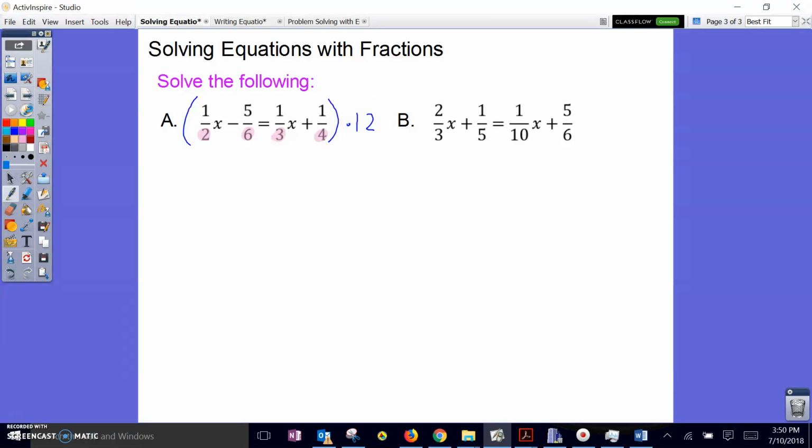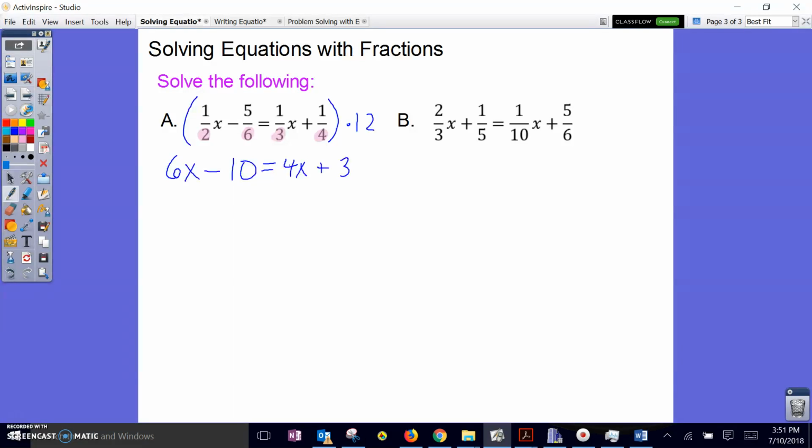I'm going to multiply the whole equation by 12. 1/2 x times 12, 12 times 1 is 12, divided by 2 is 6, 6x, minus 5/6. 5 times 12 is 60, divided by 6 is 10. 1/3 times x, 12 times 1 is 12, divided by 3 is 4. And 1/4 times 12, 12 times 1 is 12, divided by 4 is 3.